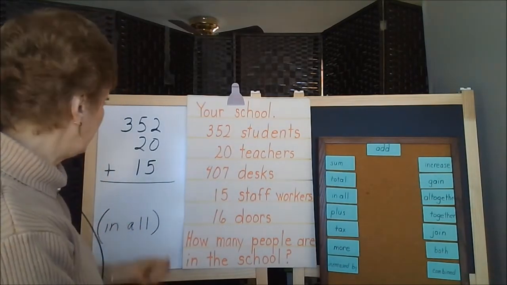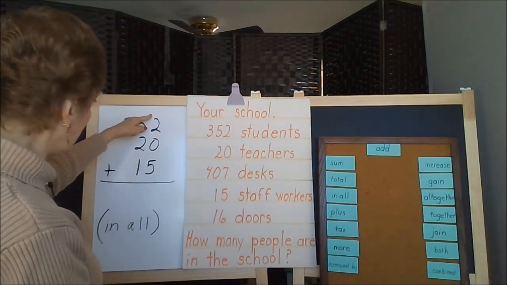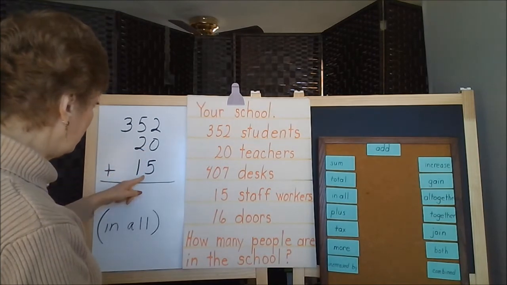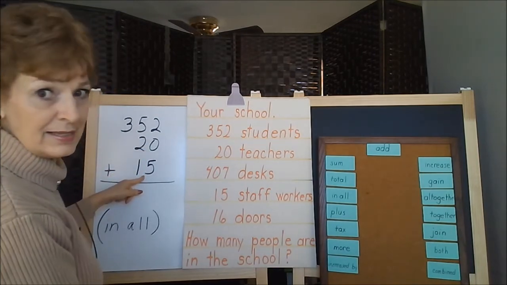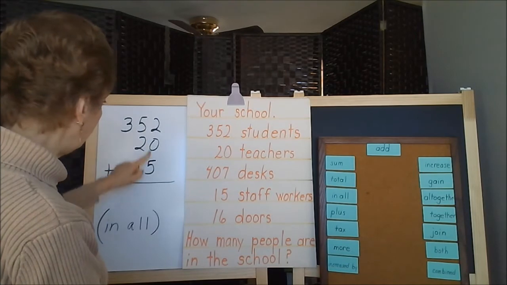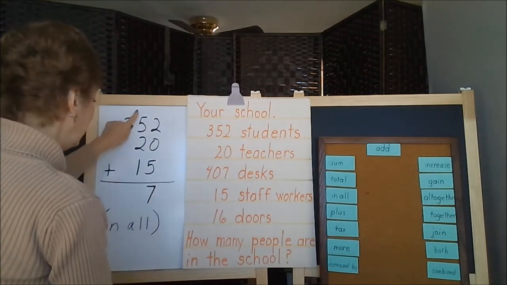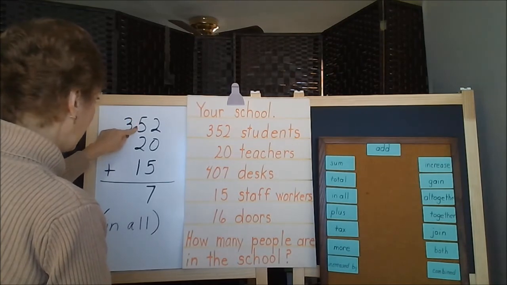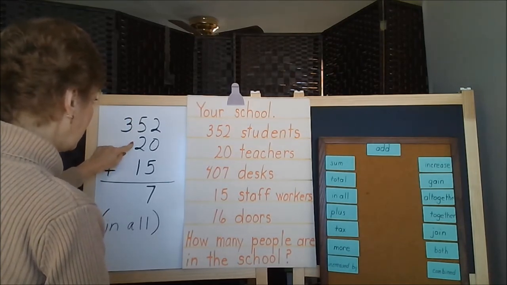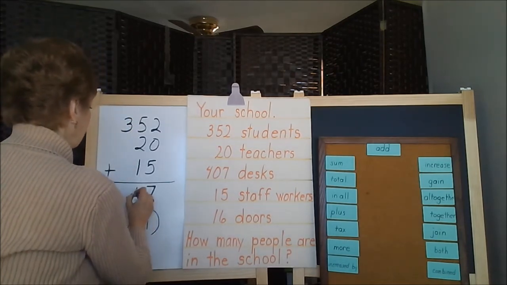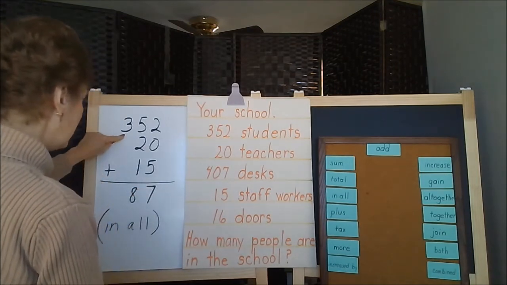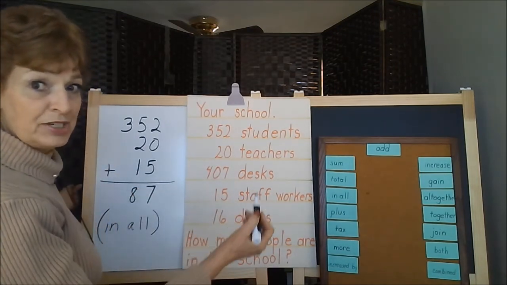Coming to the ones column then, we're pretty definite that this is an addition problem. 2 plus 5 is 7, so we've got our ones column. Our tens column, here we've got a 5 and 7, 8. And the 3 is all by itself, so it's a copy job.